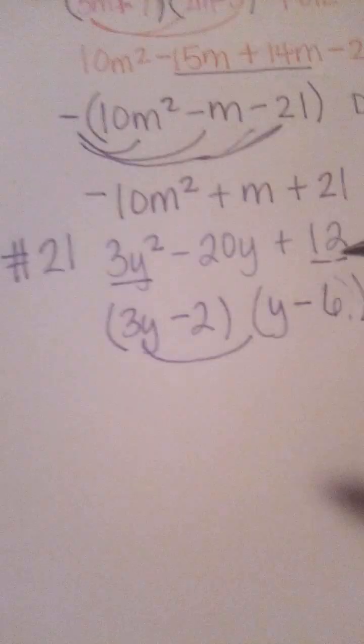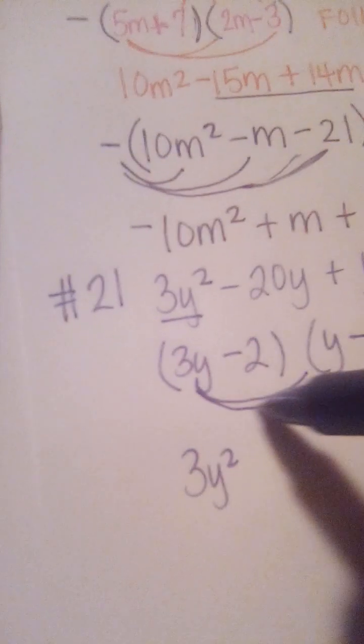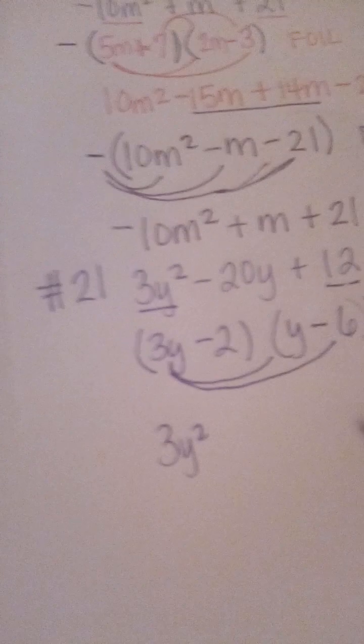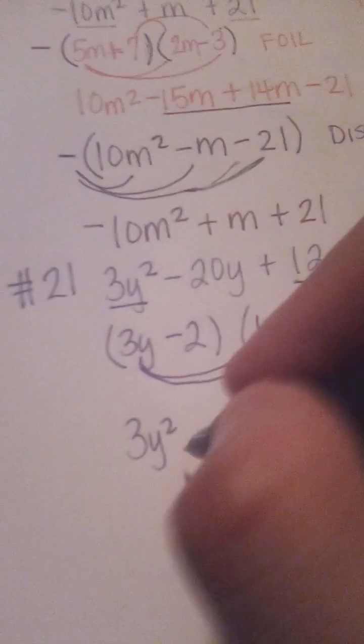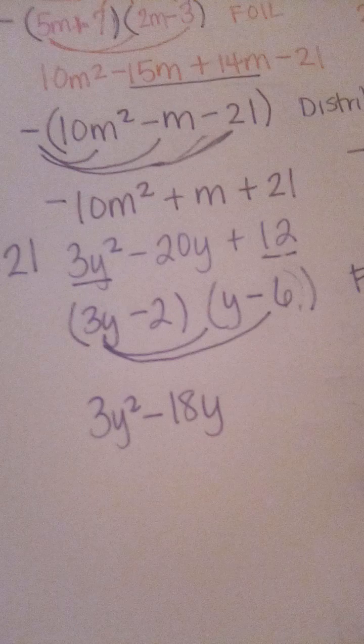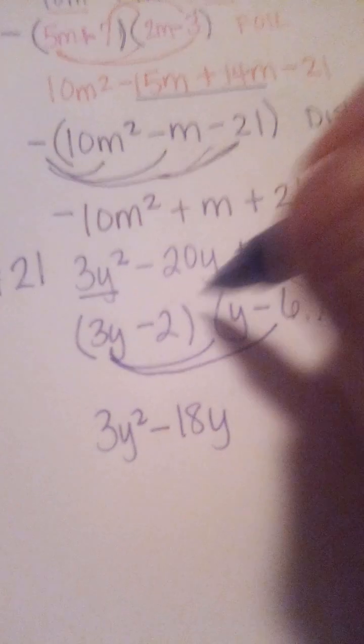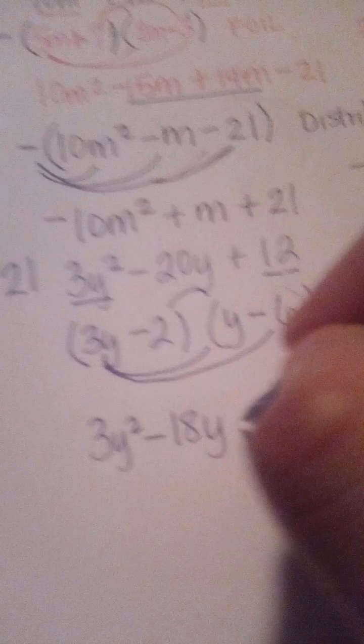3y times y equals 3y squared. And 3y times negative 6 gives us negative 18y. Make sure you don't forget the variable. Then we have negative 2 times y, which gives us negative 2y.